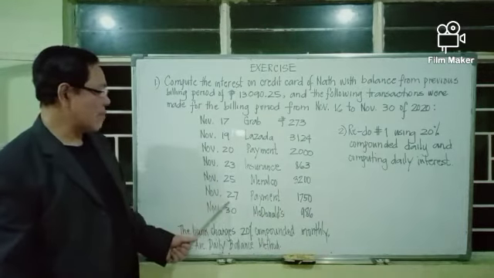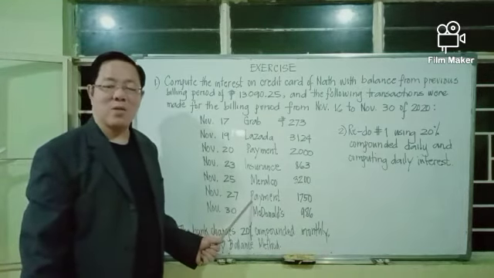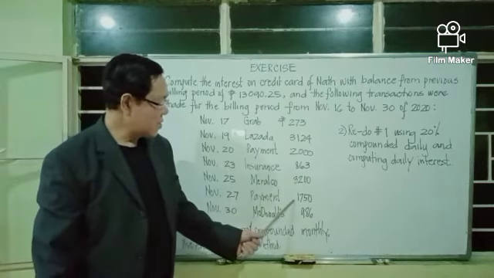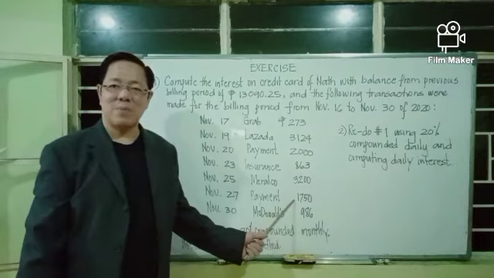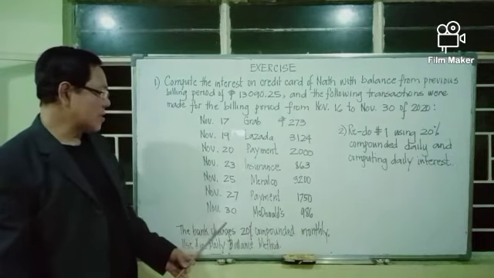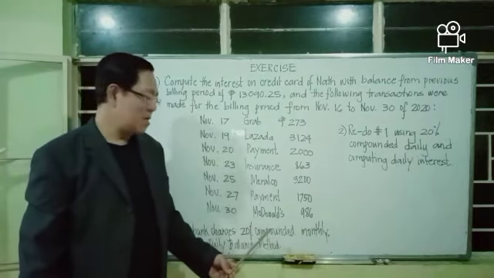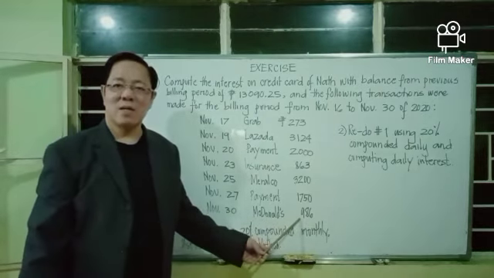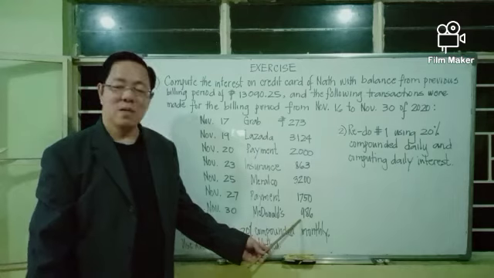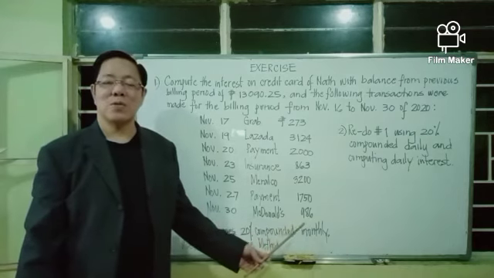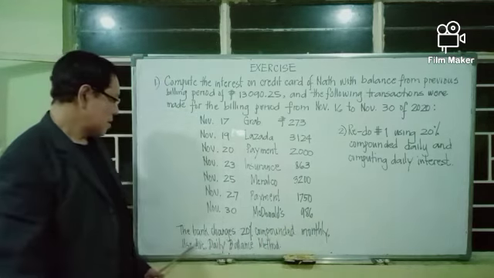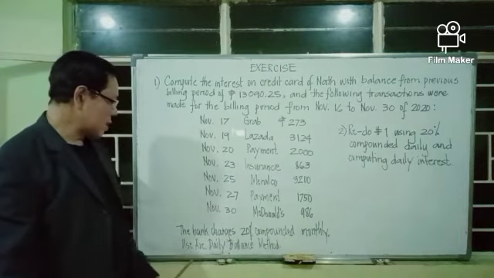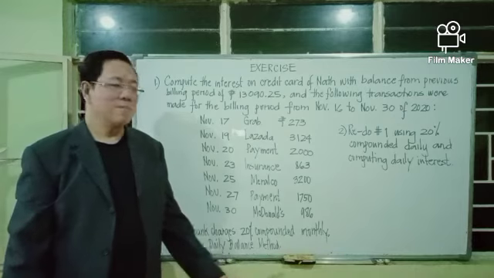On November 27, she made another payment to the bank to reduce her balance, and the payment she made to the bank was 1,750 pesos. On November 30, she dined in at McDonald's restaurant, and she paid her bill worth 986 pesos using her credit card. The bank charges 20% compounded monthly, use the average daily balance method.